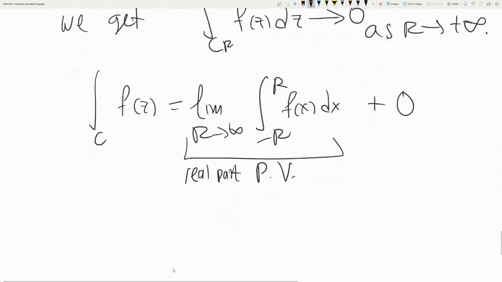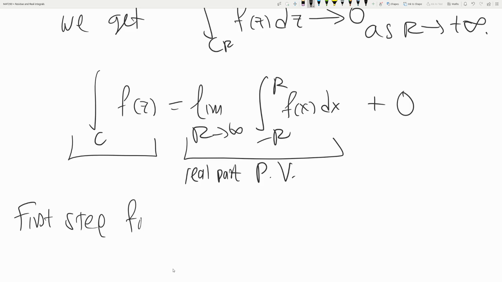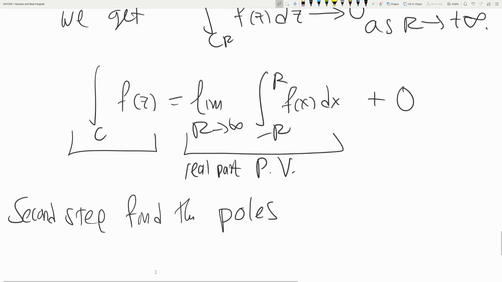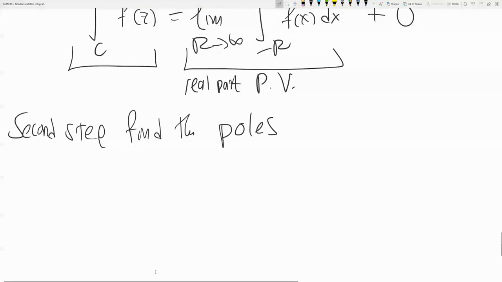All we have to do now is the residue theorem. So as always, first step, let me call it second step, so you can have an algorithm. Now second step, find the poles, in order to apply the residue theorem.